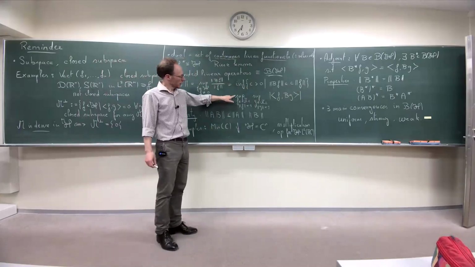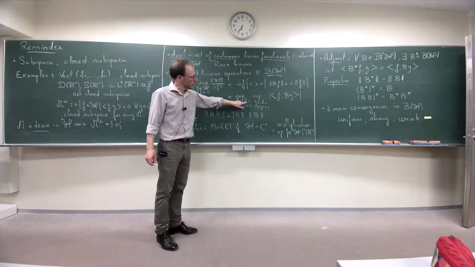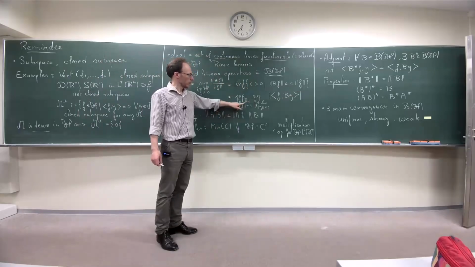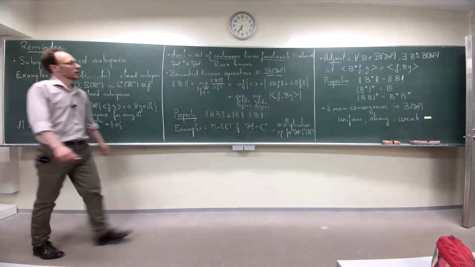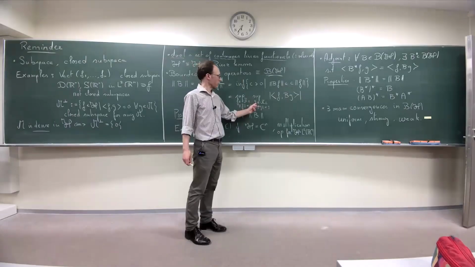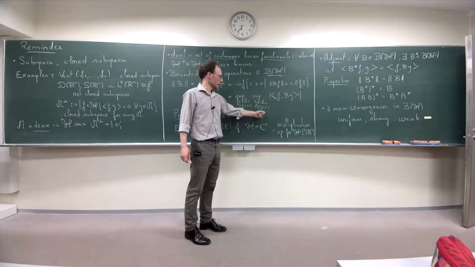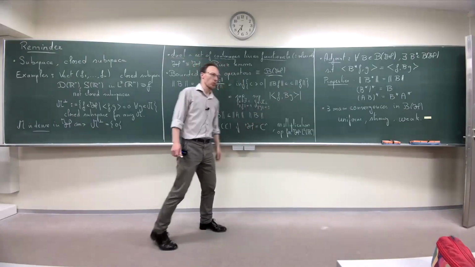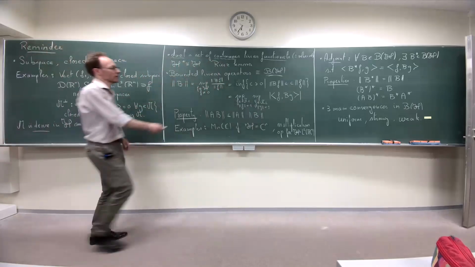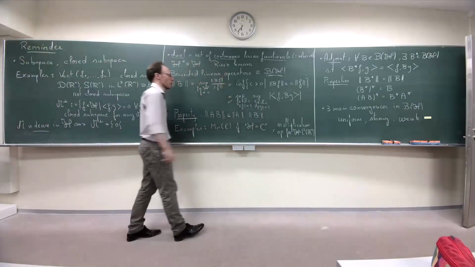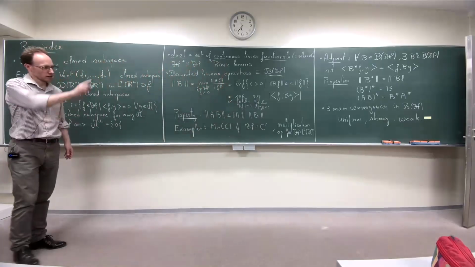What is it? You take the sup over all F in a dense subspace of the Hilbert space. You don't even need to take all elements. You can take all F in a dense subset, of norm 1. The same for G in another dense subset, also G of norm 1, and this scalar product. This also gives you the norm. In fact, this equality is a theorem or a small result. It's not straightforward.